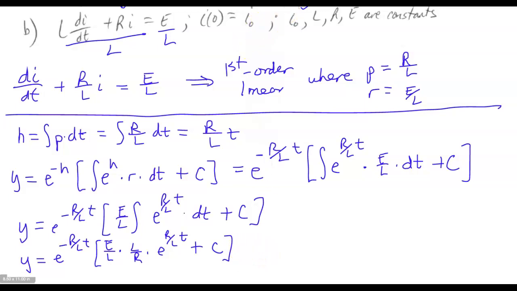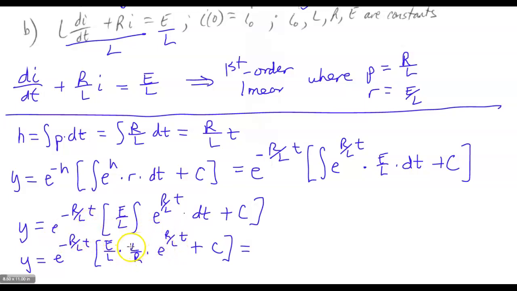So if we look at the first term, we're going to have e raised to the negative R/L times t times e raised to the positive R/L times t. These two things will multiply together to just be 1. So I don't have to worry about that in the first term.